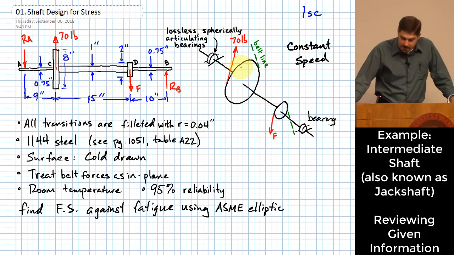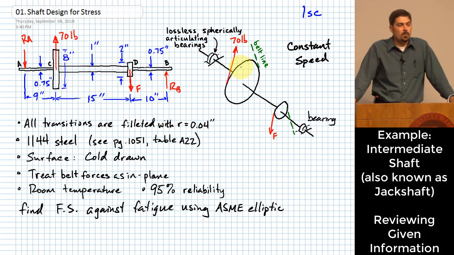Next, I'm saying that this is all happening at room temperature. Why does that matter? Material properties might vary with temperature, and specifically fatigue effects are sensitive to temperature. We have some ways to correct for endurance limits. You might remember the term endurance limit.